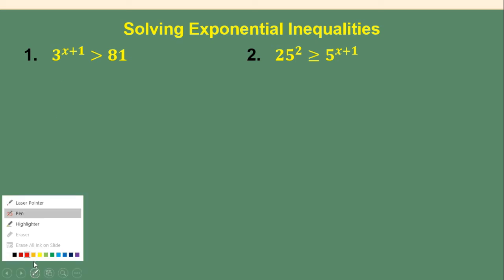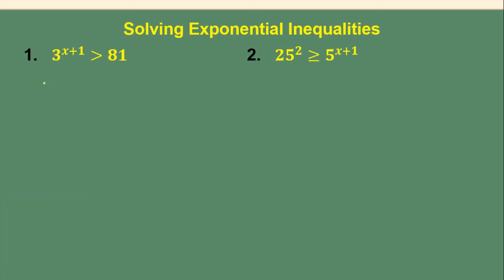So that is 3 raised to x plus 1 is greater than 3 raised to 4. We can express 81 as 3 raised to 4 because 3 raised to 4 is 81. Now we have the same base, so we can cancel that out.